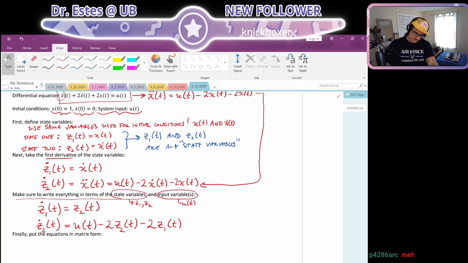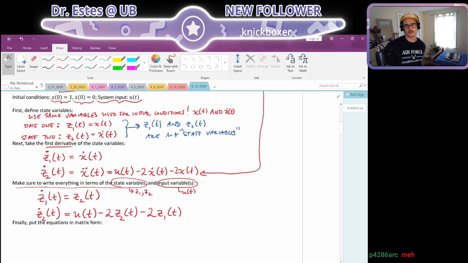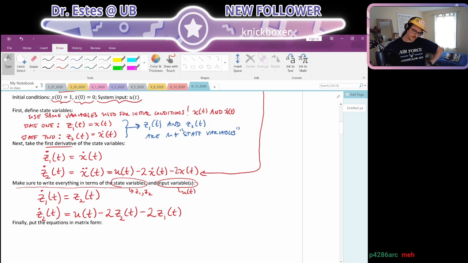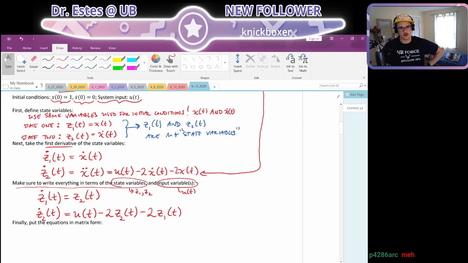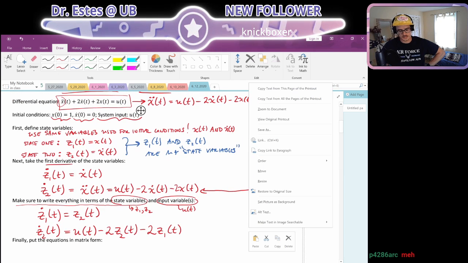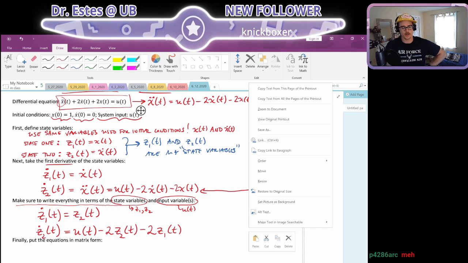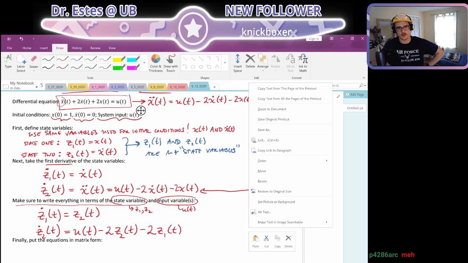Don't worry, we'll do more examples. A lot of examples today. So this already is what we call state space form. We started with a second order equation in terms of the variable x.